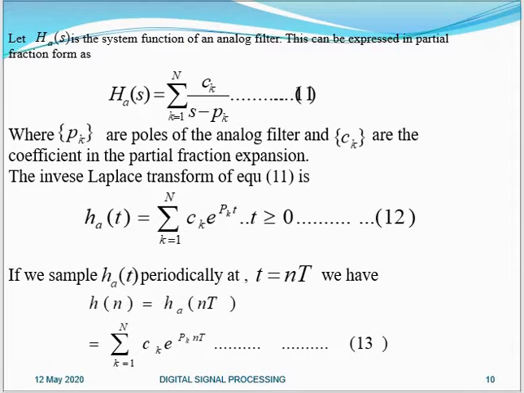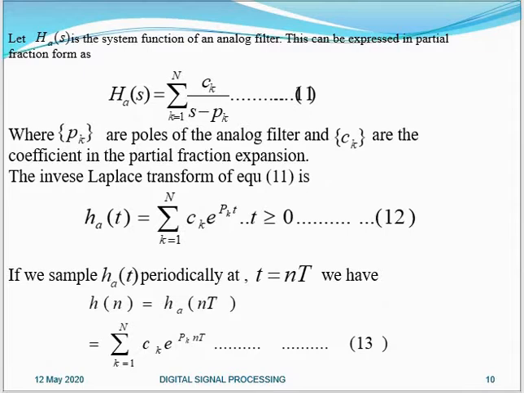Today we will study how we will design a digital filter from an analog filter. In our previous classes, we have studied that it will be an easier way to design a digital filter from an analog filter. For that, we have to map between the analog and digital domains.